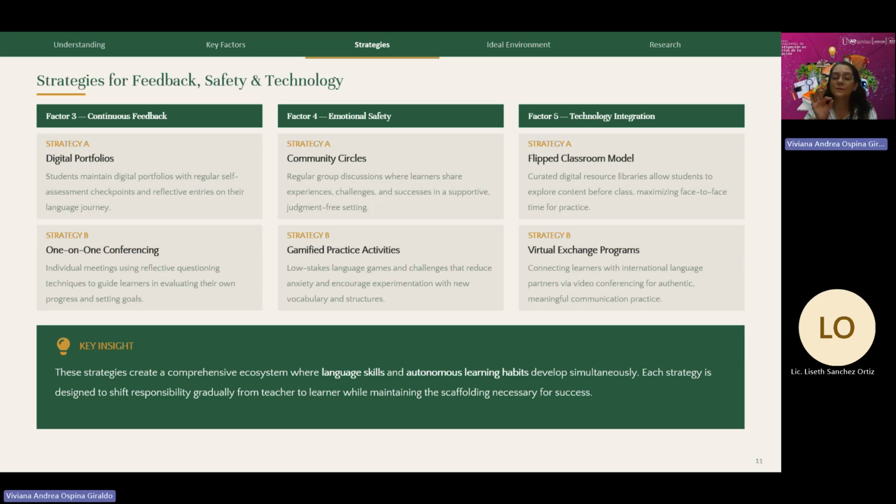But the teacher has the responsibility to scaffold the necessary steps for the student to get there. So it's not to leave the student alone by himself and that's it. It's to help him along the way. So think of these strategies as helpful ways to promote learning and autonomy at the same time.